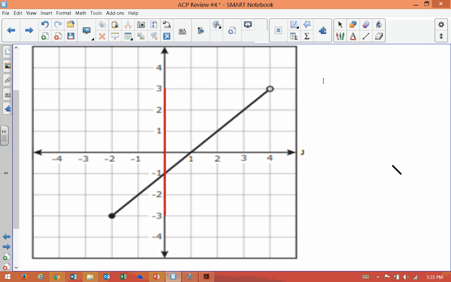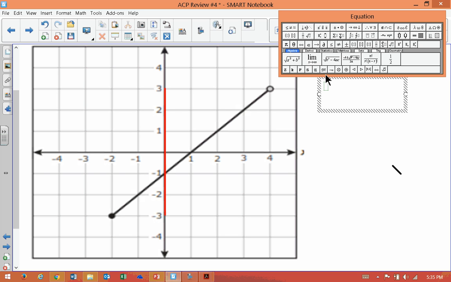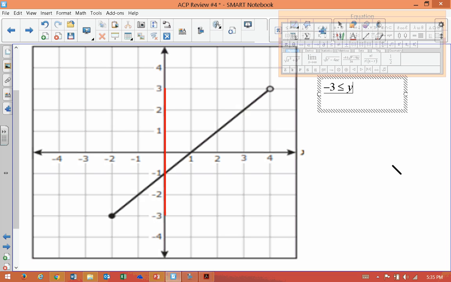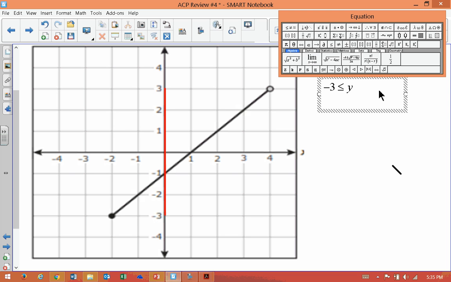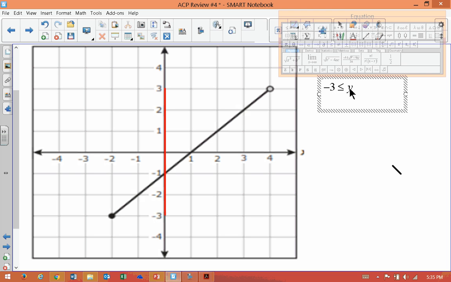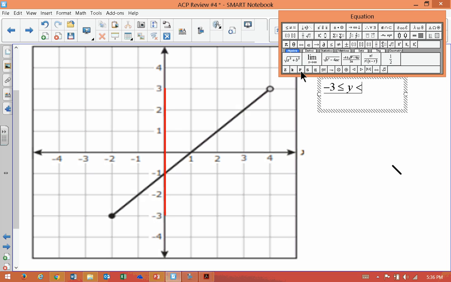So we can use interval notation, and we can say that the y values start at -3, and they are y values, so they're range values. If there was domain values, it'd be x. And they stop at 3, but they don't contain 3, so I'm not going to say less than or equal to.